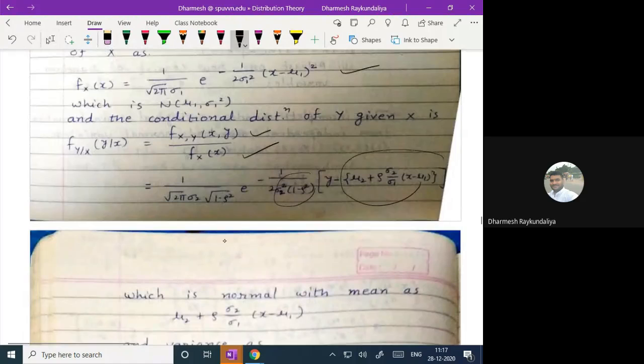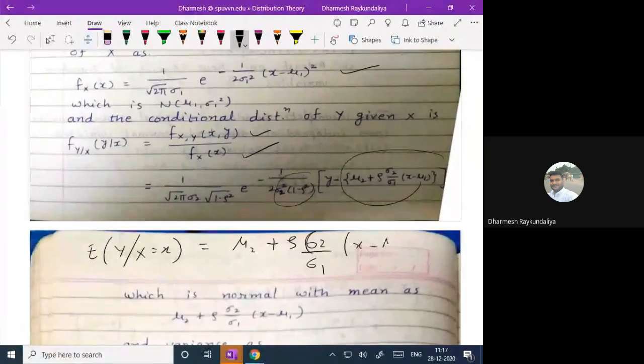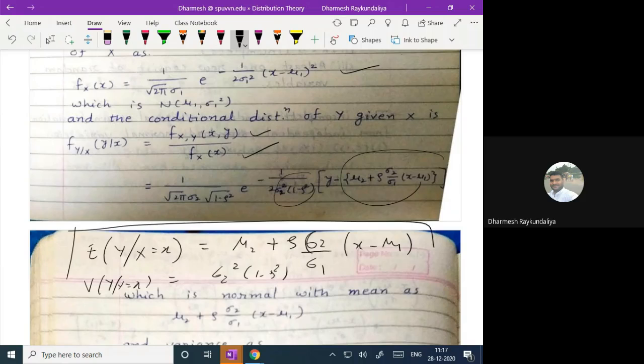So the expected value of y given x equal to x is mu 2 plus rho sigma 2 upon sigma 1 (x minus mu 1). And the variance of y given x equal to x is sigma 2 square (1 minus rho square).